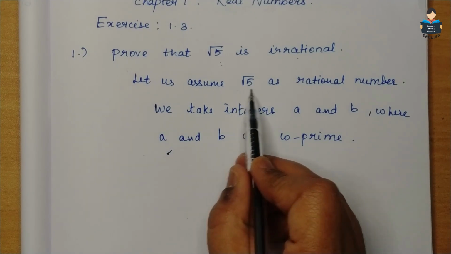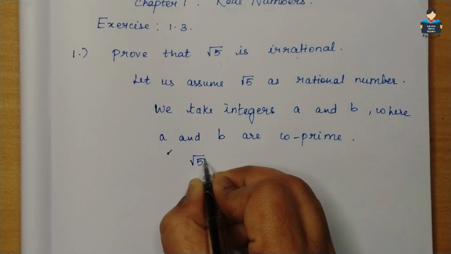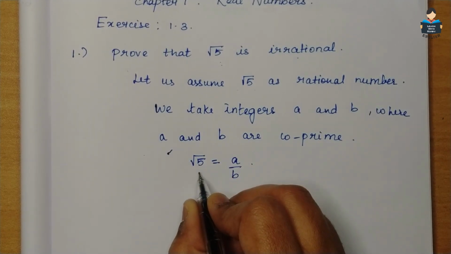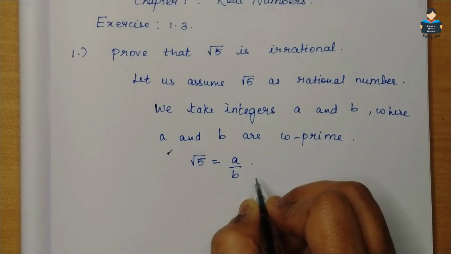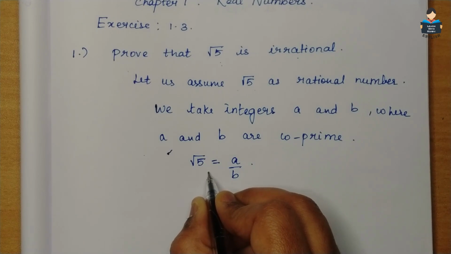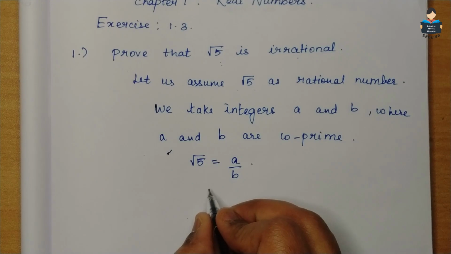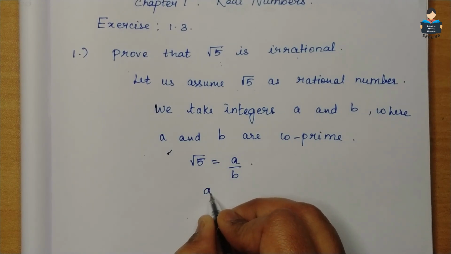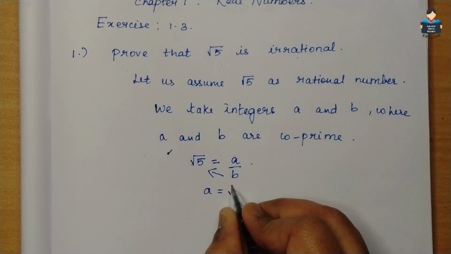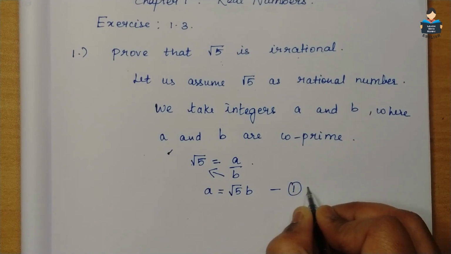We have written here that root 5 is a rational number. Therefore root 5 will be equal to A by B, since rational numbers are of the form A by B. Now I am cross multiplying this B so that it comes to the numerator. So I will have A equal to root 5 B. I take this as the first equation.